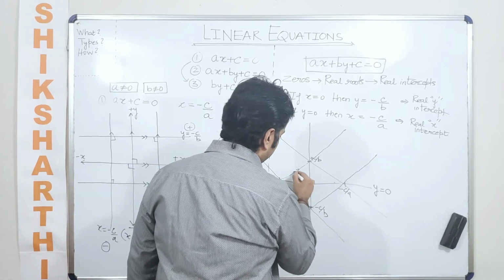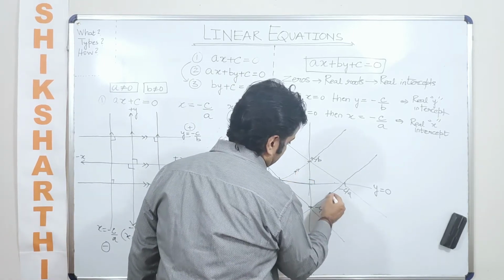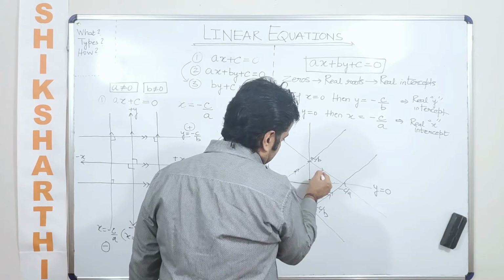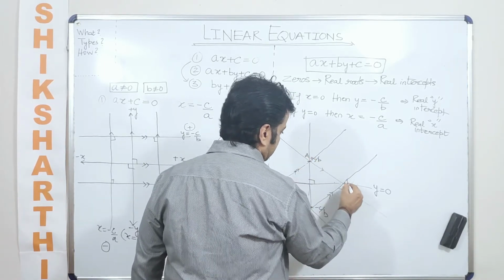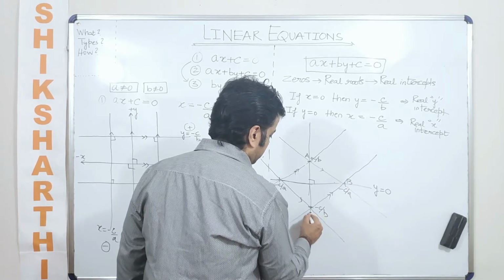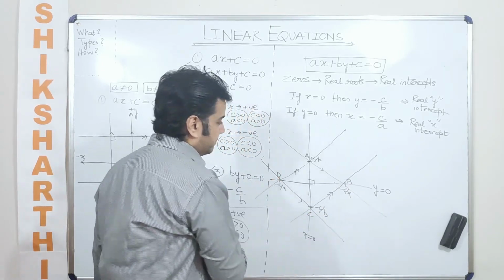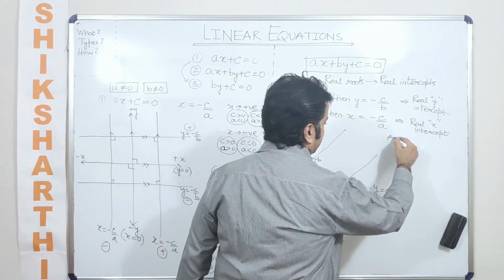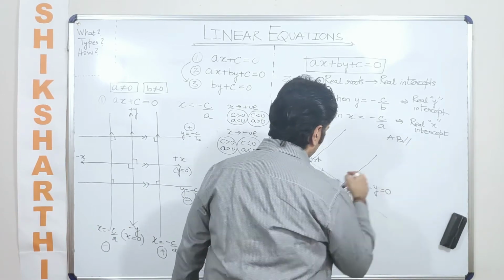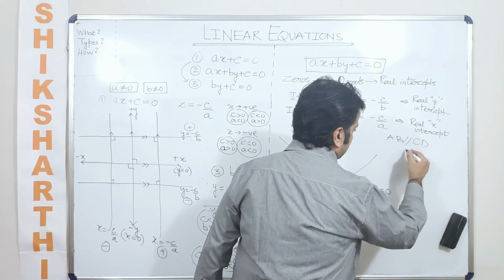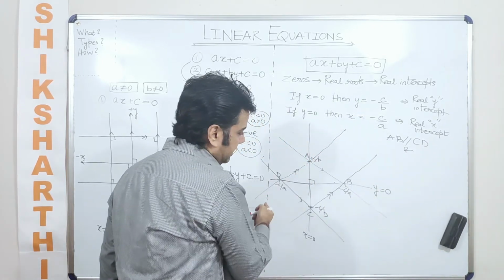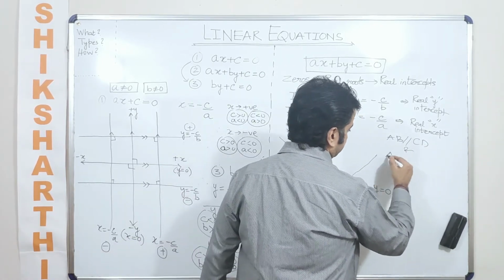So now this line will be parallel to this line, and this line will be parallel to this. So what we are talking about is, let us say if this is A, this point is B, this point is C, and this point is D. Can I say that AB is parallel to CD? Yes. And at the same time we are saying AD is parallel to BC.